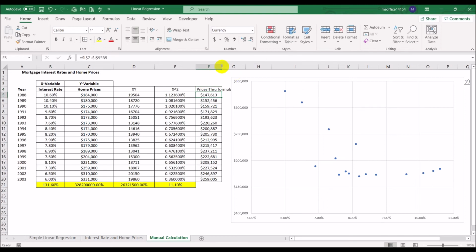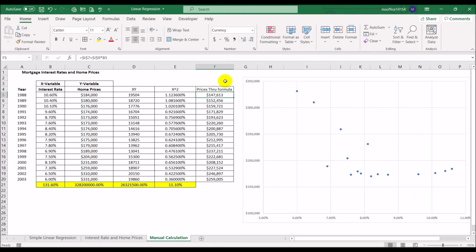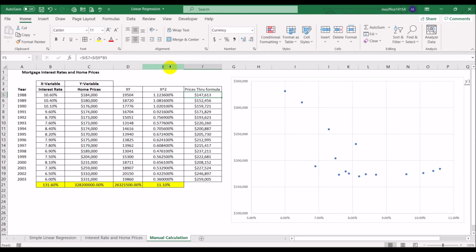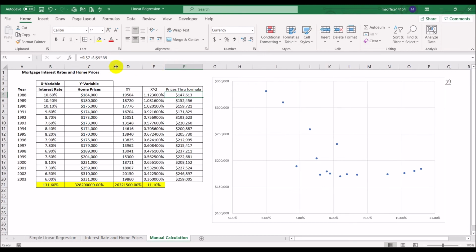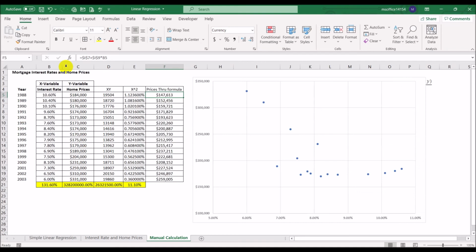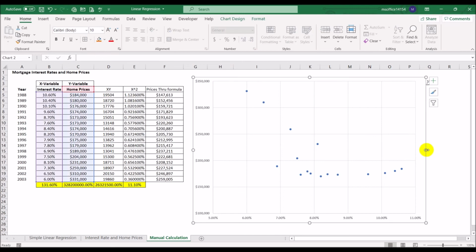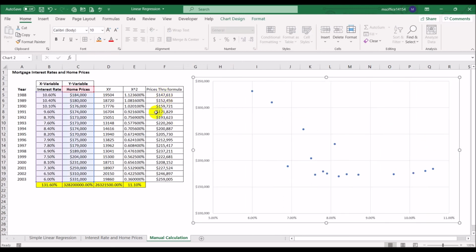Prices through formula. Okay, I'm just going to make these a little narrower. We don't need them to be so wide. There you go. Now what I'm going to do is plot these values also on this graph. So cursor anywhere on the graph, right click, select data.